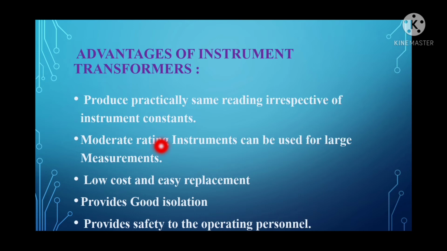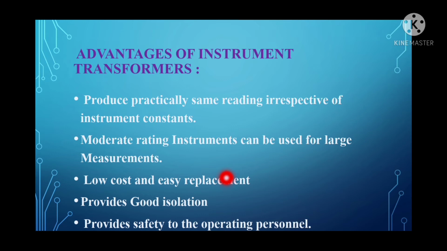We can obtain exactly the same measurement that we get from the input side. Then, moderate rating instruments can be used for large measurements. As I said earlier, when we make use of the instrument transformer, we can use lower-range ammeters and voltmeters for measuring even higher values of currents and voltages. And low cost and easy replacement.